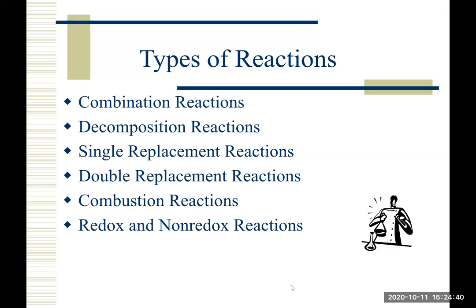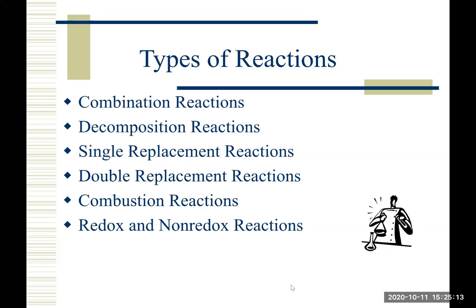A single replacement or single displacement reaction, in which we have one elemental atom that's going to displace an elemental atom of similar oxidation state from a compound to form a new compound. A double replacement or double displacement reaction, in which we have two compounds that are going to switch elemental atoms of the same type of oxidation state to form two new compounds in the product.